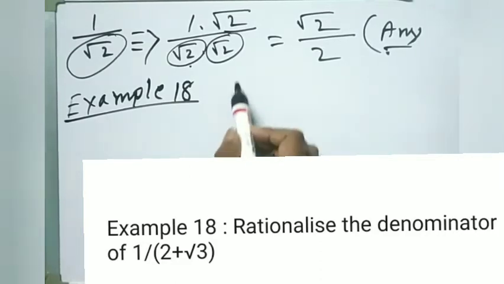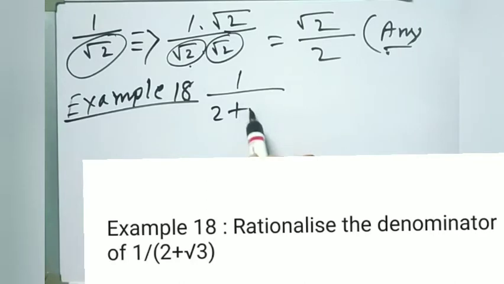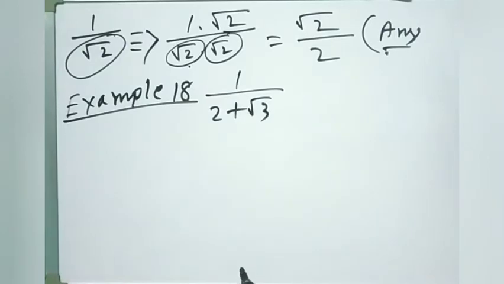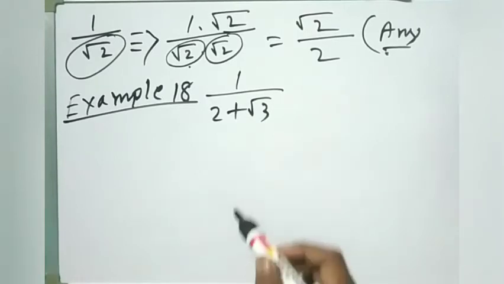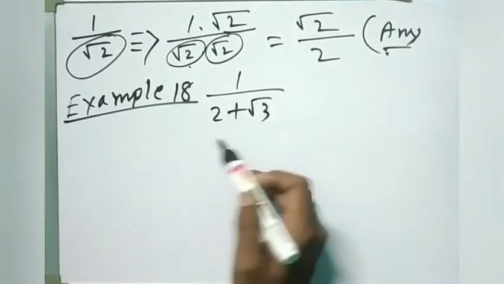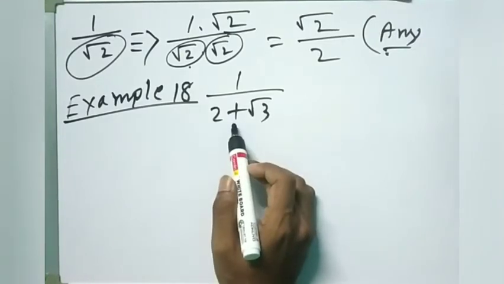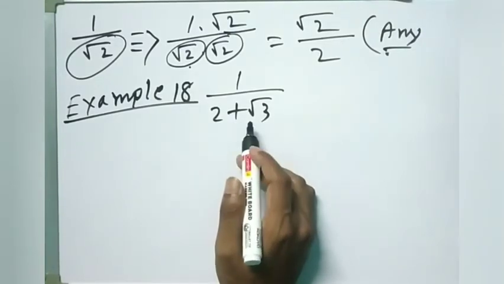Rationalize the denominator 1 by 2 plus root 3. So here it was a single term, so we multiplied with root 2 in numerator and denominator. Now in case of this problem, we have to multiply with the same number but with opposite sign.